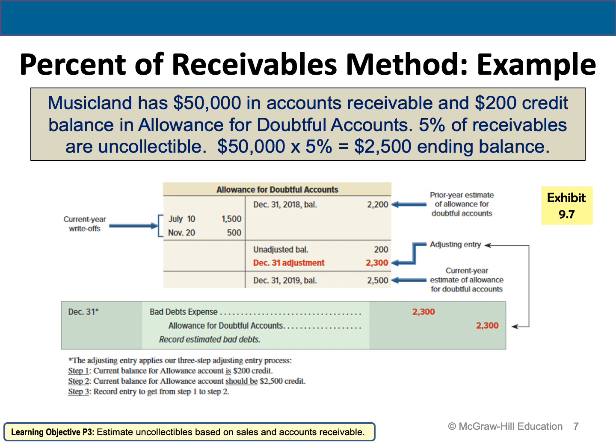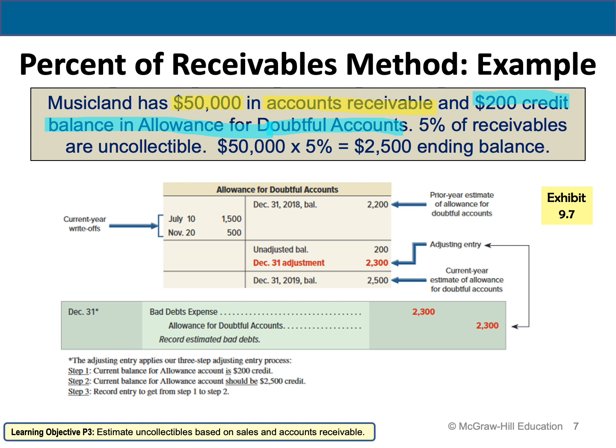Now let's see the example of the percent of receivables method. Now we're going to calculate the bad debt expense using a percent of account receivable. Musicland has 50,000 in account receivable and a $200 credit balance in the allowance for doubtful accounts.